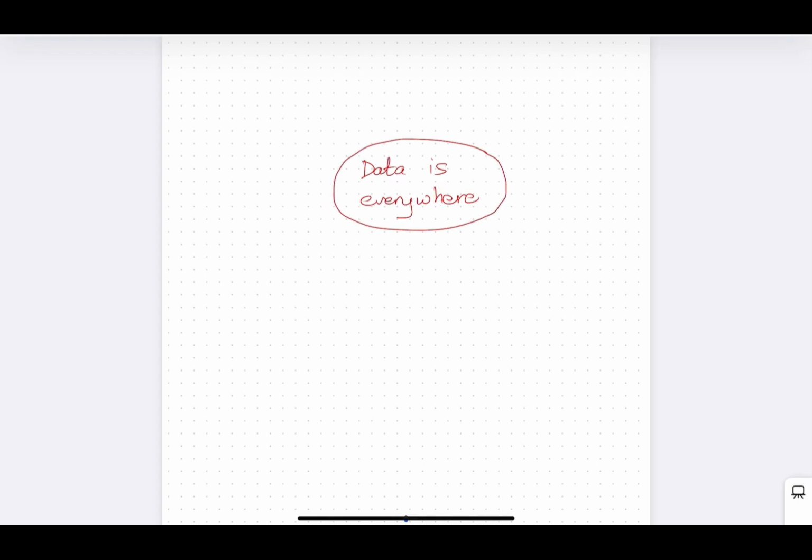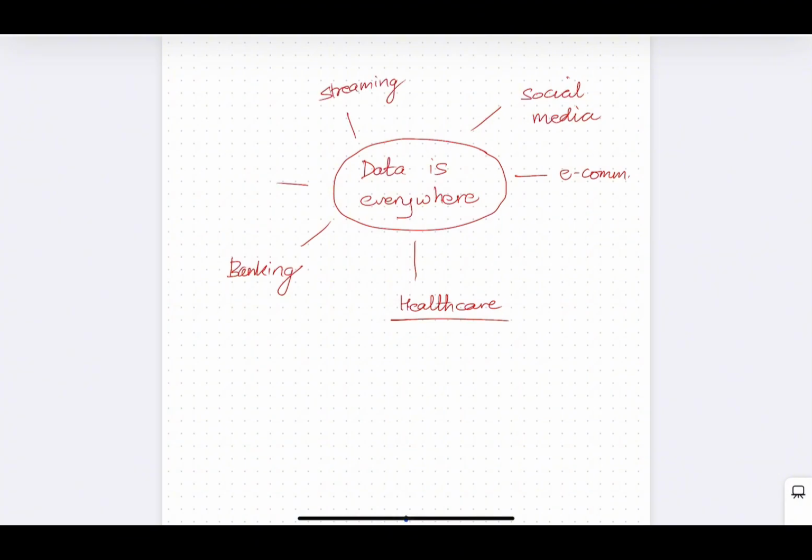The application of data, it is in every domain of our life, be it healthcare, be it banking, be it social media, be it any IoT devices, be it any AI applications. Data is everywhere around us. It actually encapsulates every domain.